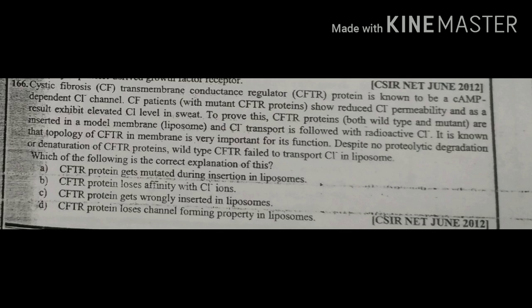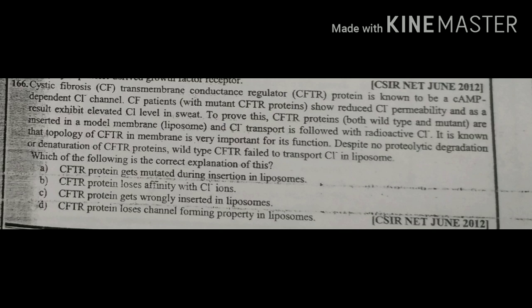It's given that the CFTR protein is known to be a cAMP dependent chloride channel. A patient with a mutant CFTR shows reduced chloride permeability, and as a result exhibits high chloride level in the sweat. To test this, CFTR protein, both wild type and mutant, are inserted in a model membrane liposome, and the chloride transport is followed with radioactive chloride.